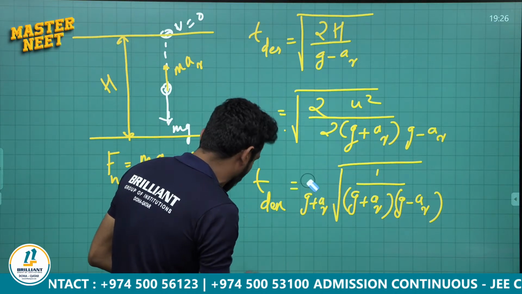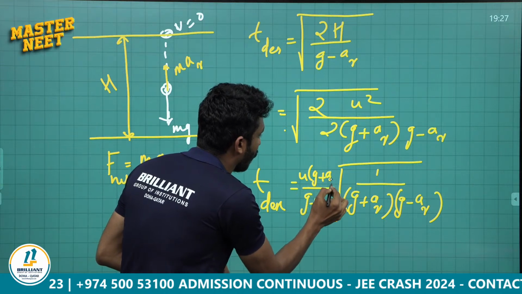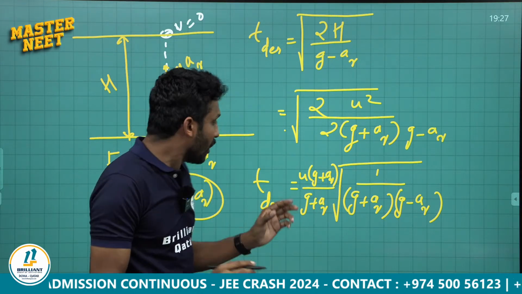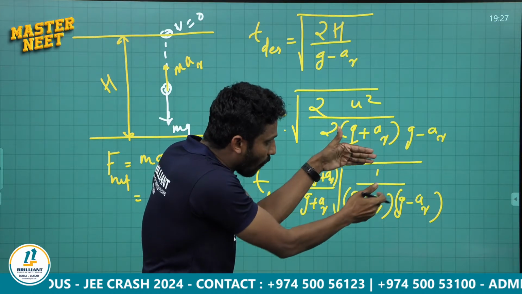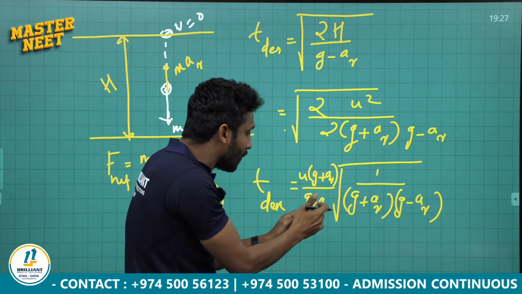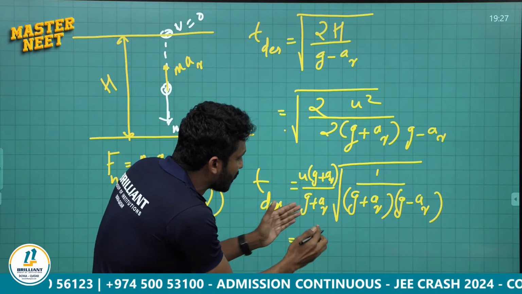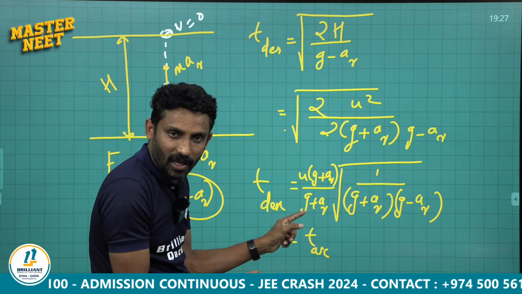This is multiplied and divided here, u into g plus ar divided by g plus ar, no change. Understood? Now this g plus ar taken into the root will be squared, and one of which will be cancelled and one remains in the numerator. See this one, u divided by g plus ar is the time of ascent.